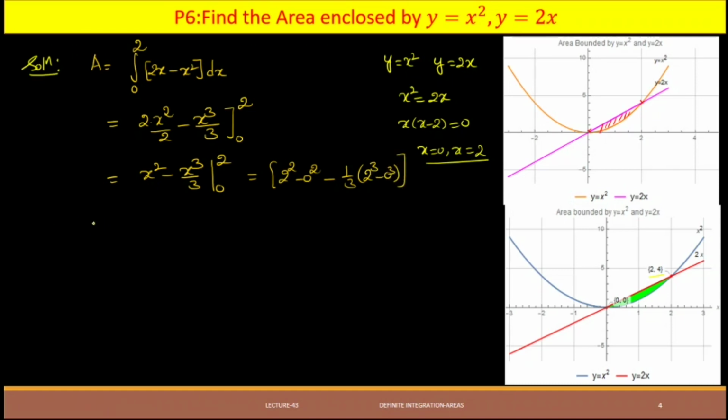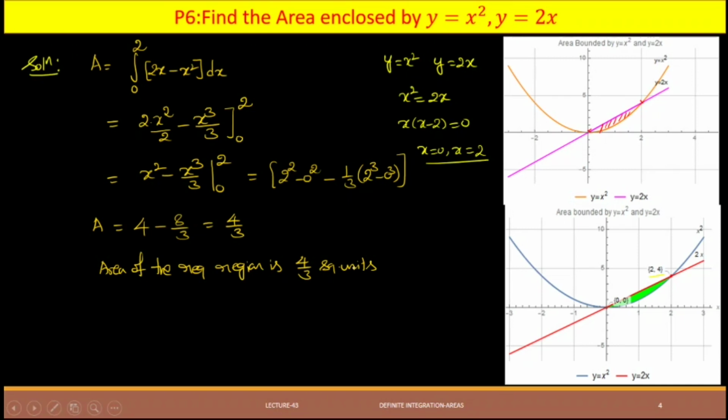So area A is equal to 2 square is 4 minus 2 cube is 8 by 3. So this is equal to 4 by 3. So the area of the required region is 4 by 3 square units.